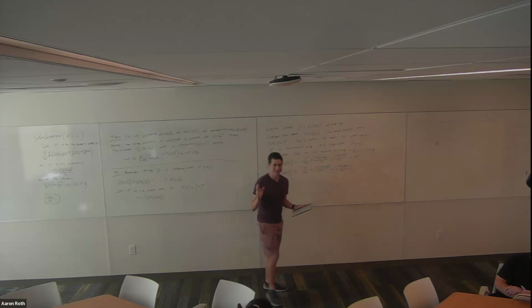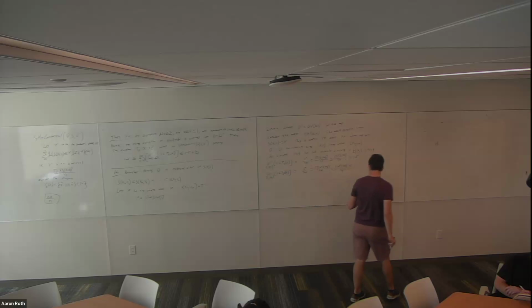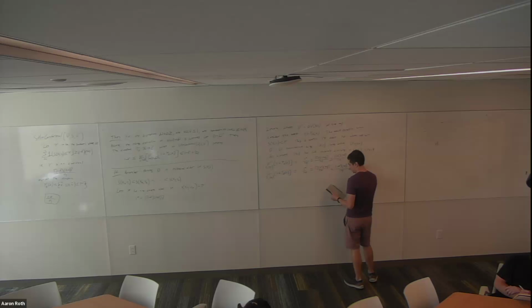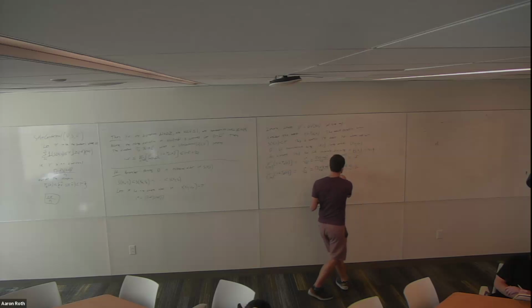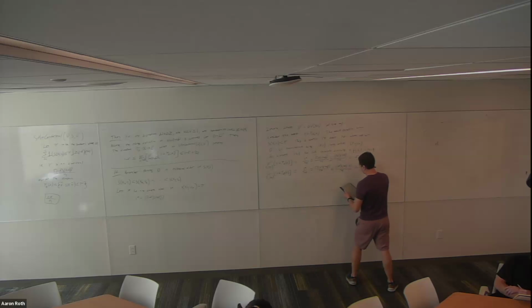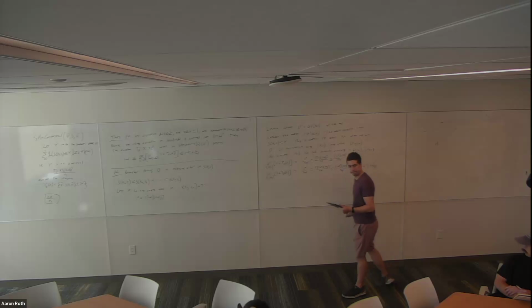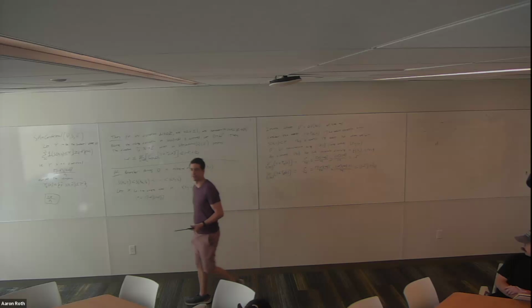In the worst case, the ceiling adds something really, really close to 1. And then the n plus 1 cancels here, and what we have is 1 minus delta plus 1 over n plus 1. Okay, so coverage is guaranteed.